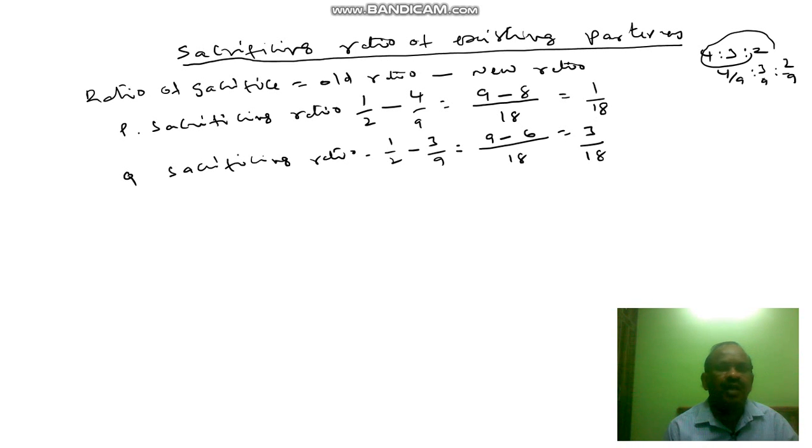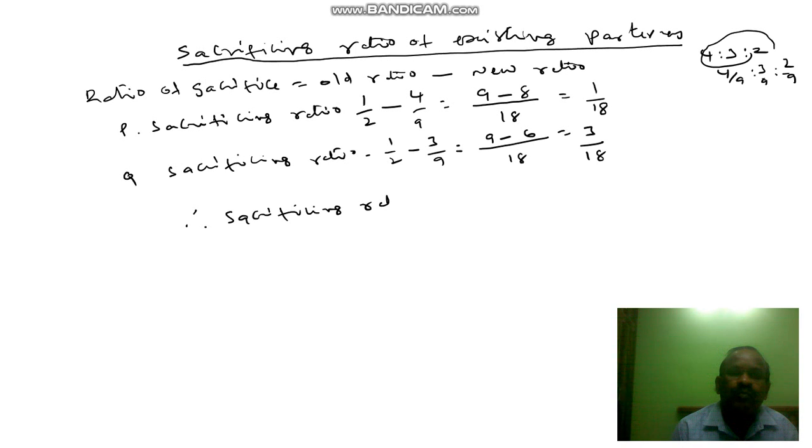Therefore the sacrificing ratio here is 1 is to 3.